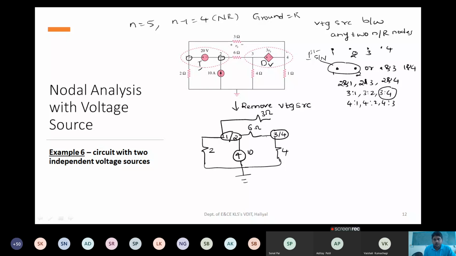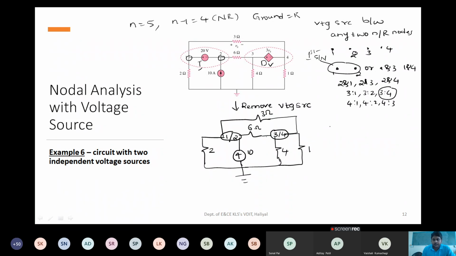From the fourth node we again have two branches, one to the 3 ohm resistor and another one a 1 ohm resistor, which is connected to ground. Since the direction of currents is not given, you can assume the directions.